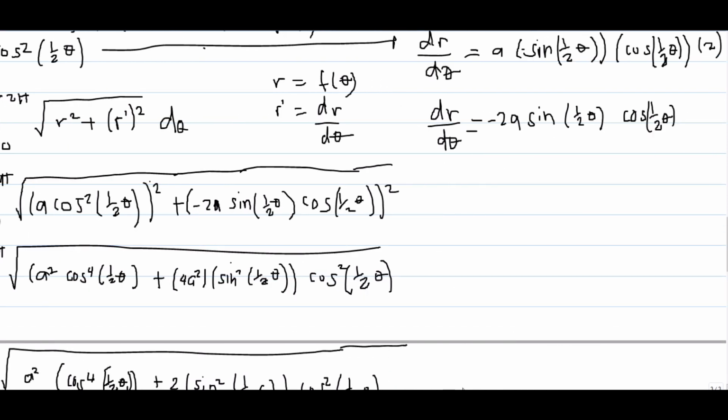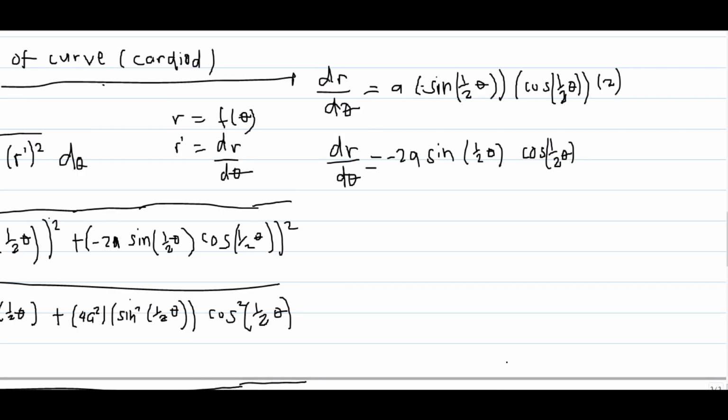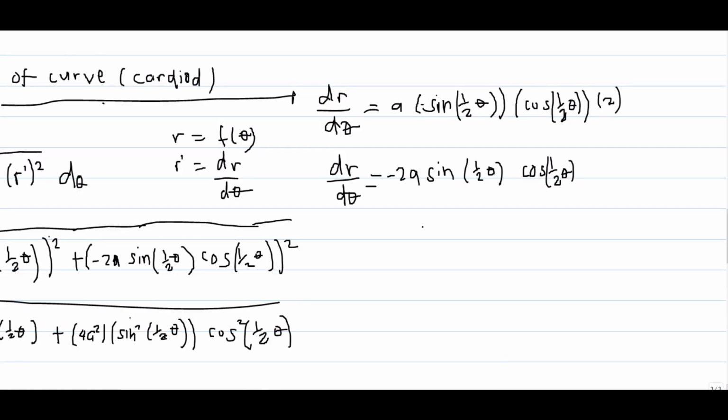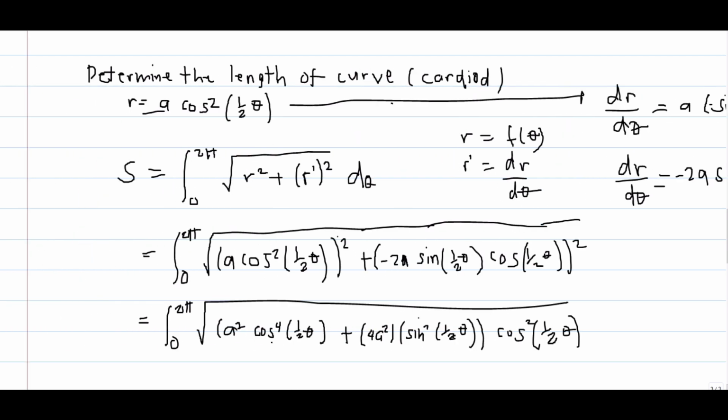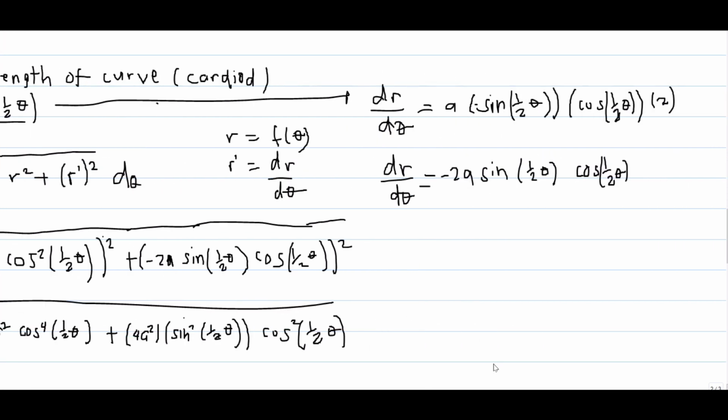So I can review this. So again, I forgot to apply also the derivative of 1/2 theta, no? Okay, so in this case, if we differentiate 1/2 theta, this would be equals to 1/2.